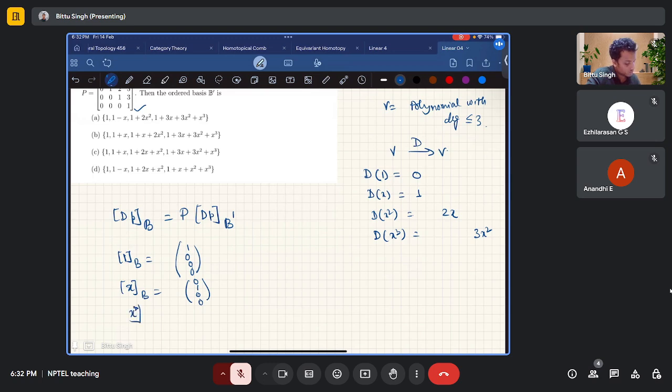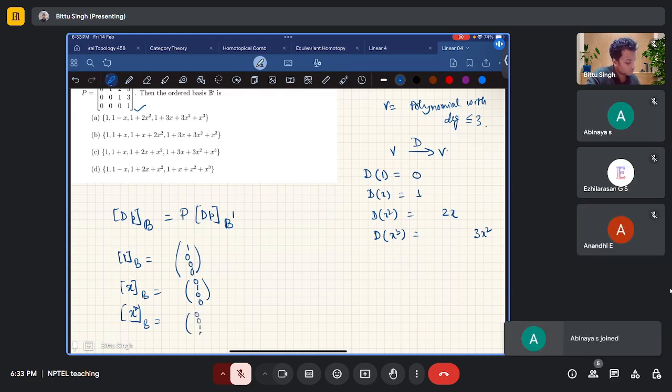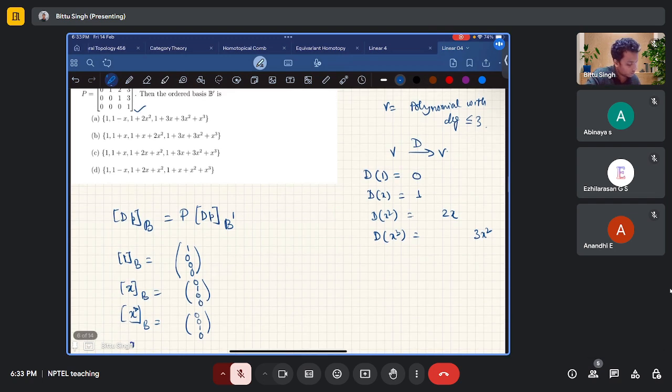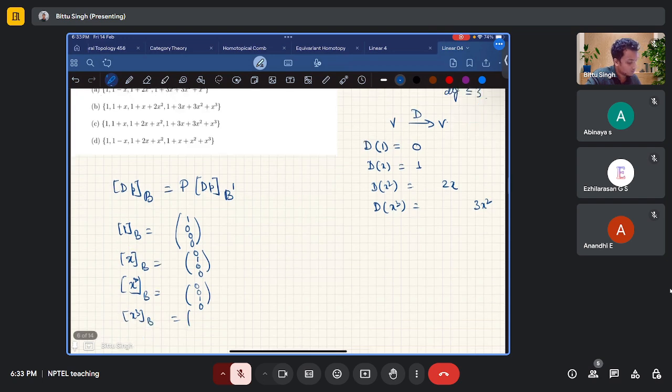X square with respect to B, 0 0 1 0. Similarly, we can write all those coordinates, right? X cube with respect to B, it is 0 0 0 1.